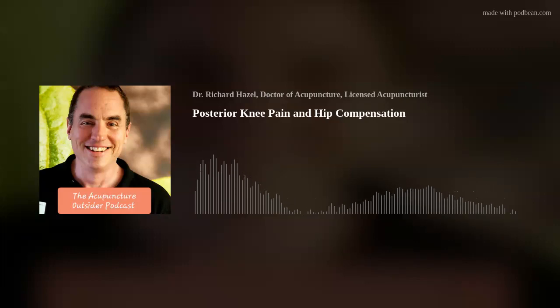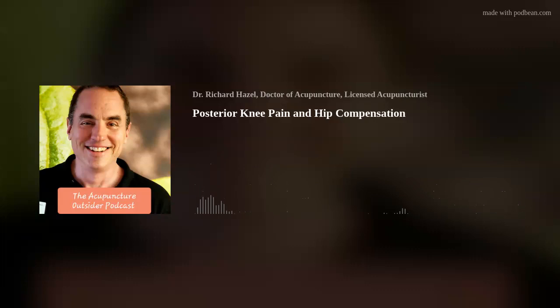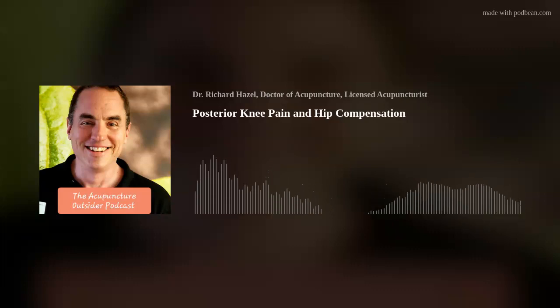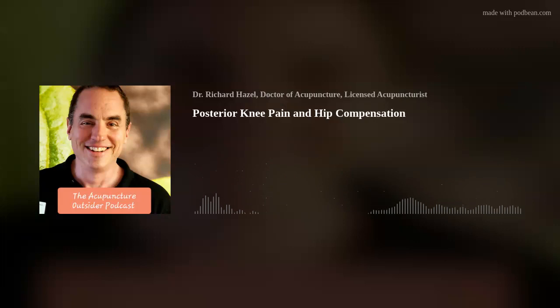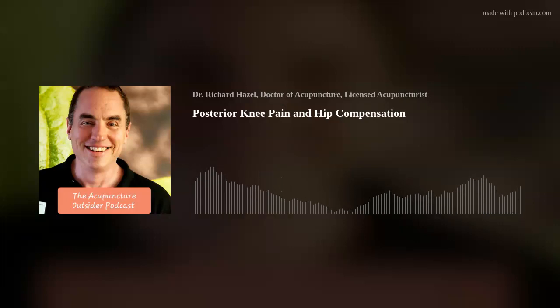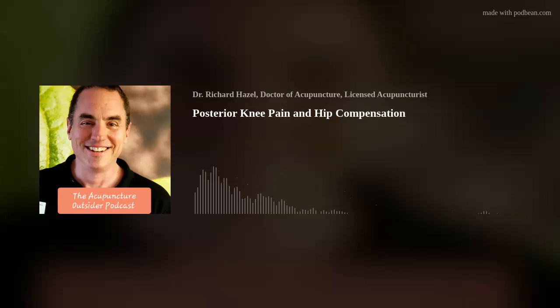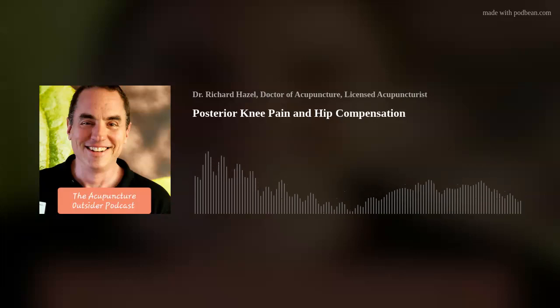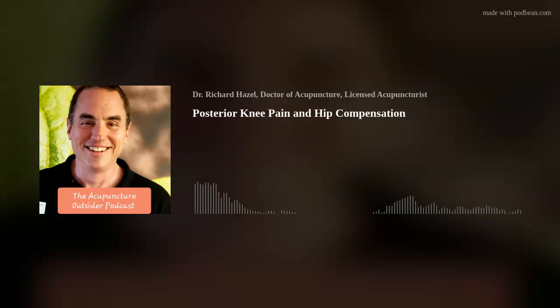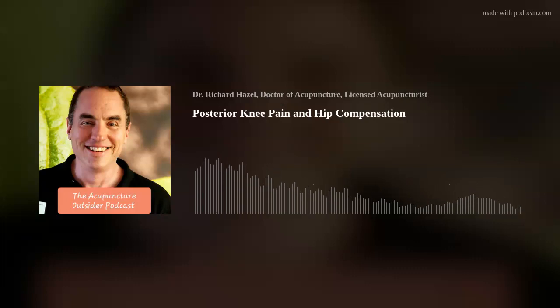Then after surgery, he was functioning much better, and it took time to accumulate enough muscle tension to start having pain. But anyway, it's an interesting case, and I don't think I've talked a lot about posterior knee pain, and I thought that was a good chance to discuss some things you might see for posterior knee pain.